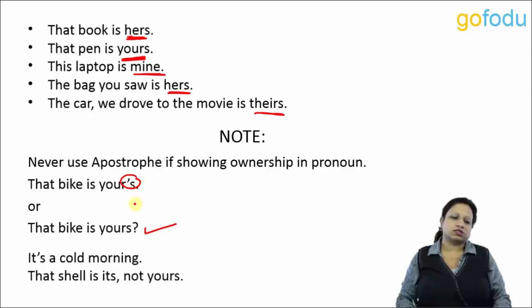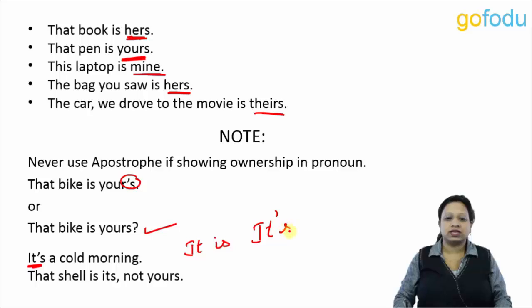Now there is another case. Look at this: it's a cold morning. Now over here, it's a cold morning is not a wrong sentence. However, it's over here is not a possessive pronoun. It means it is a cold morning. So wherever there is a sentence which has it is, its contraction becomes it's.